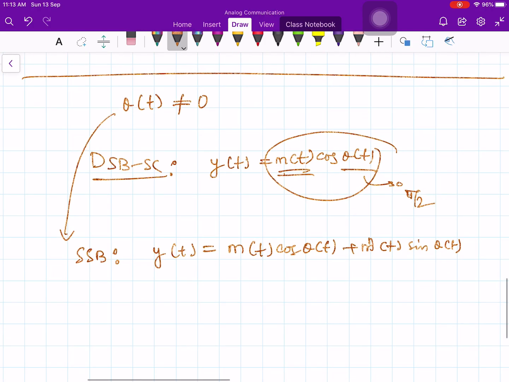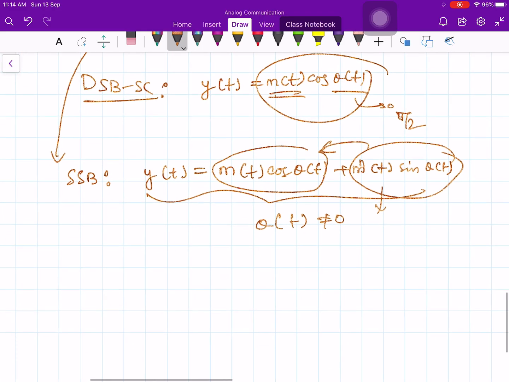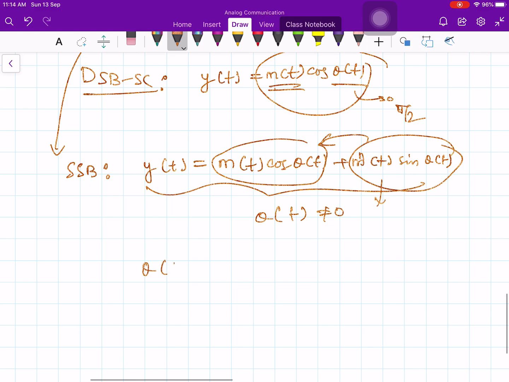This will lead to a highly distorted signal, since something else is added to m of t times cos theta of t. So theta of t not equal to 0 implies a highly distorted signal.